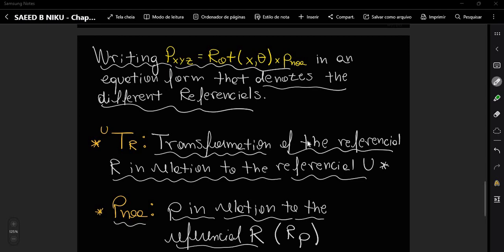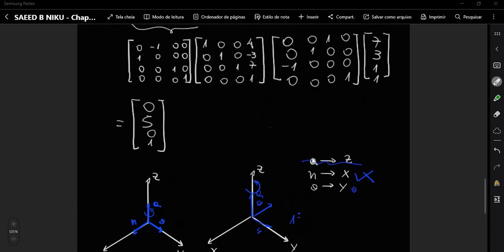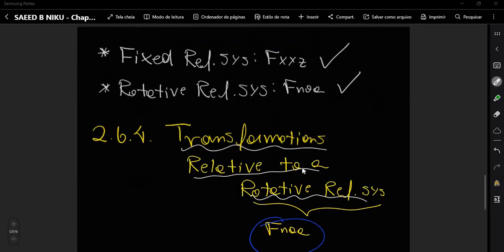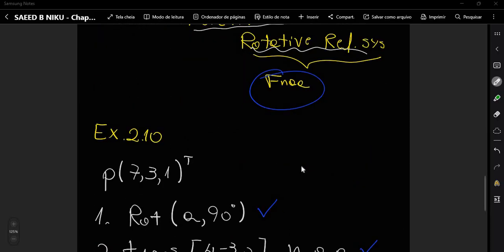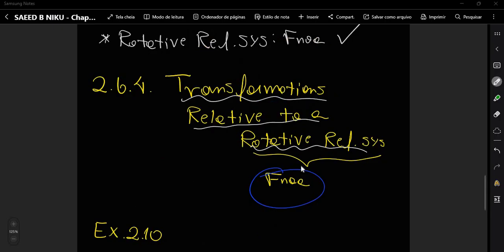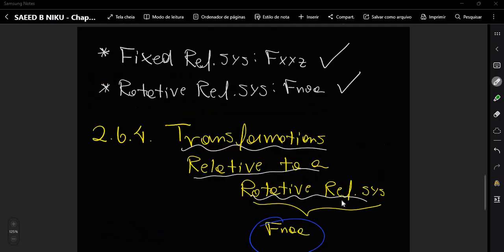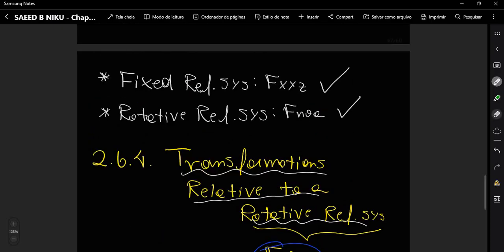Hi. So in the last video, we were solving example 2.10 from topic 2.6.4, which is about transformations relative to a rotative reference system. So we saw that we can do transformations in relation to a fixed reference system and in relation to a rotative reference system.